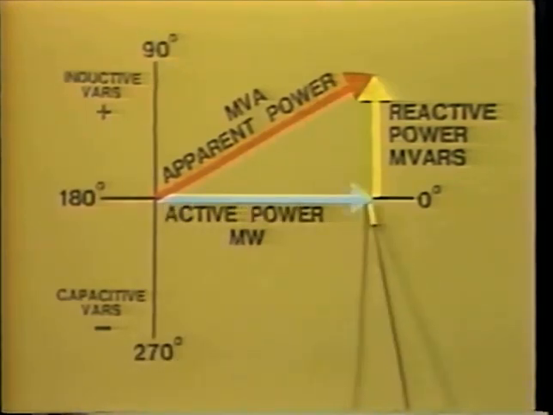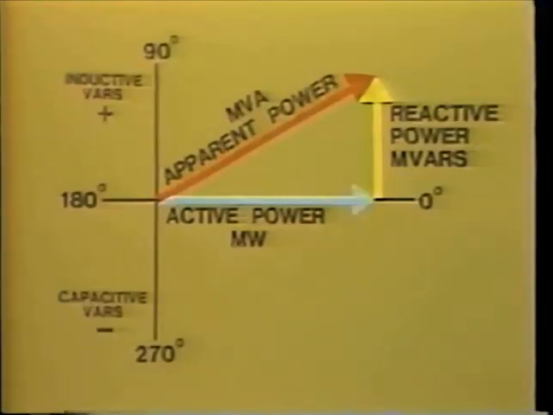The active power in megawatts is a measure of how fast the load is consuming energy. Power is consumed in the process of doing work. This energy is consumed by the load, and this is what we pay the power company for. To produce this energy, we must provide fuel input to the turbine driving the generator. VARs are a measure of how much energy is required to set up electric and magnetic fields. These VARs oscillate between the fields and the power supply.